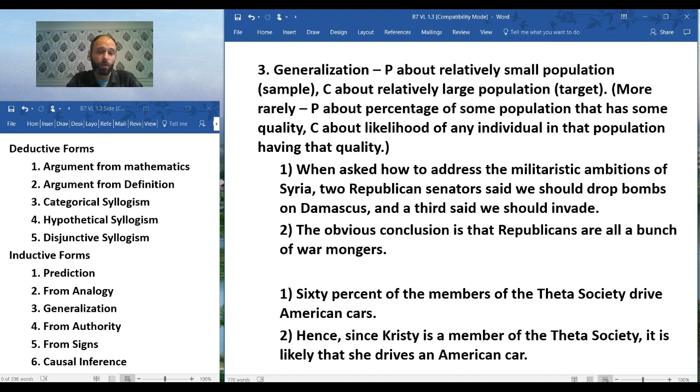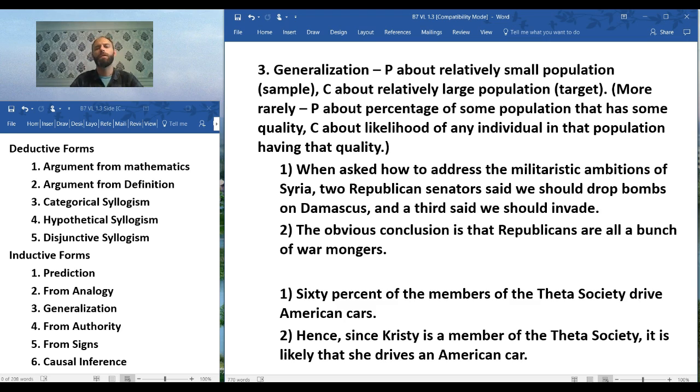Then the other sort of argument by generalization we can see in the following examples. 60% of the members of the Theta Society drive American cars. Hence, since Christy is a member of the Theta Society, it is likely that she drives an American car.